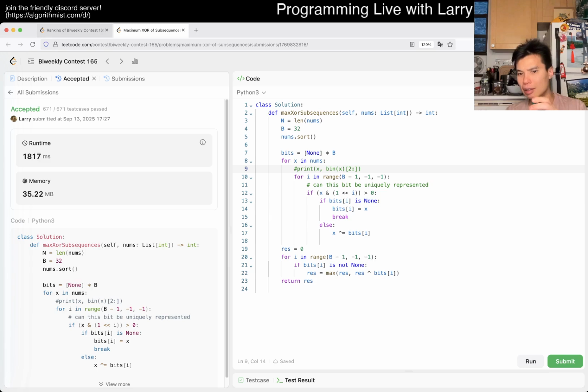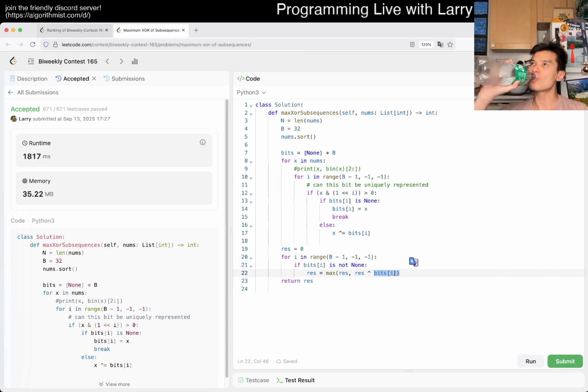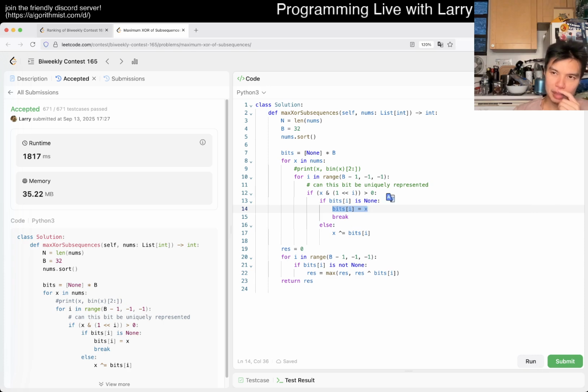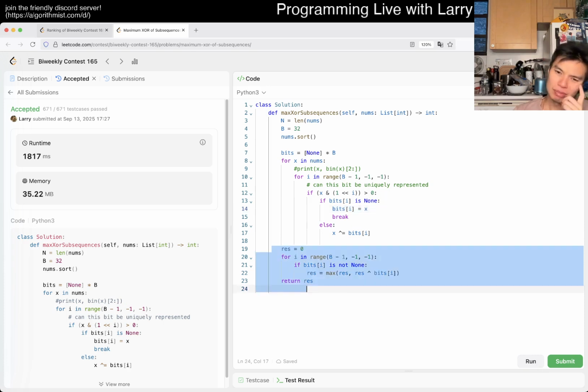Is this unique? Why is it the first number that we see is the basis? I see. Okay. Because it doesn't have to be the biggest.